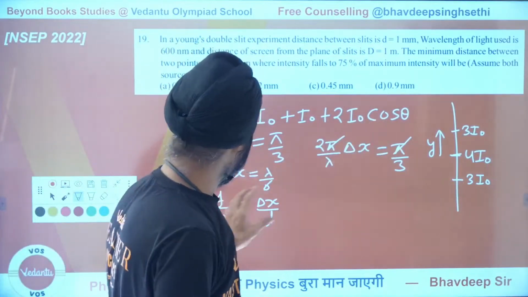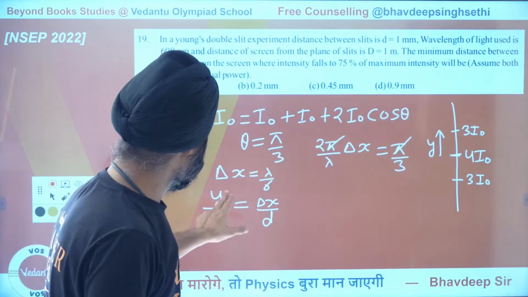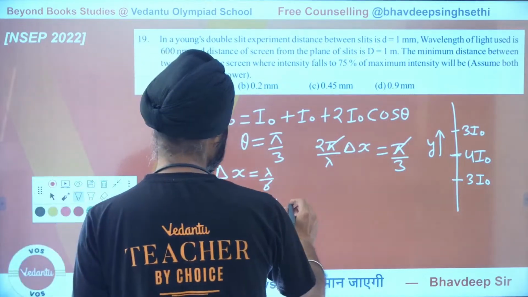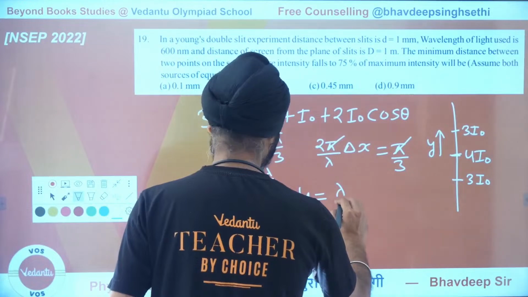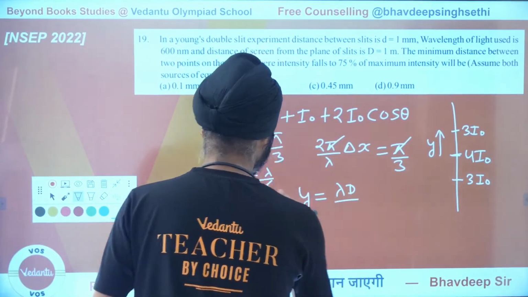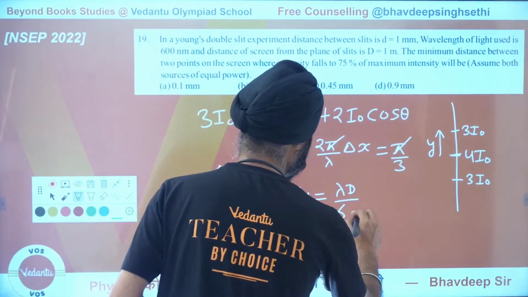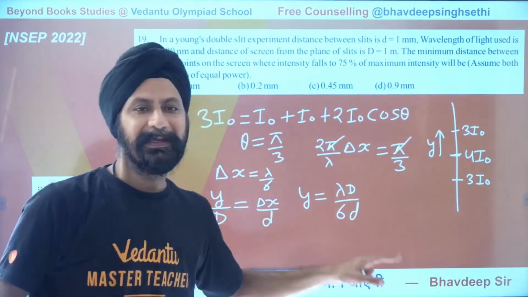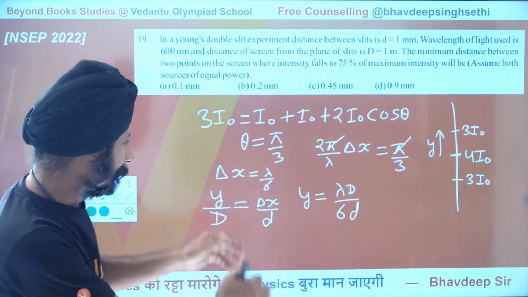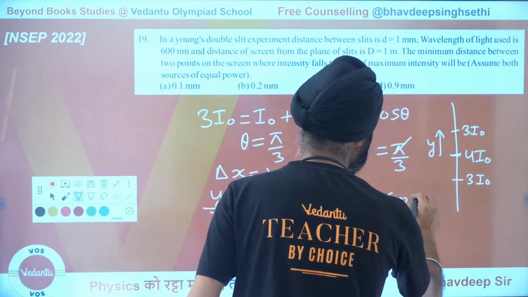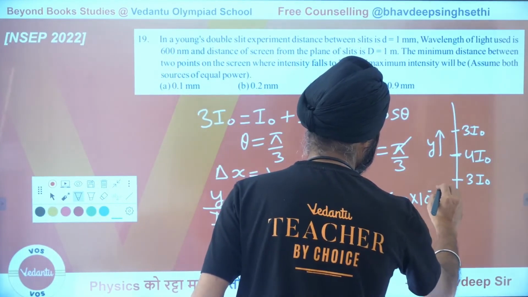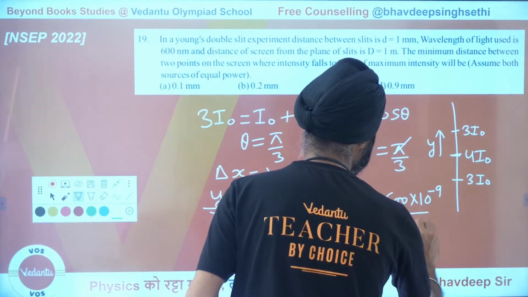So this y is equal to delta x times D by d, but delta x is lambda by 6. So y should be equal to lambda times D by 6d. Perfect. Awesome. This D is given as 1 meter. Thank you for that. Lambda is 600 nanometers. So 600 times 10 to the power minus 9 divided by 6 times d.